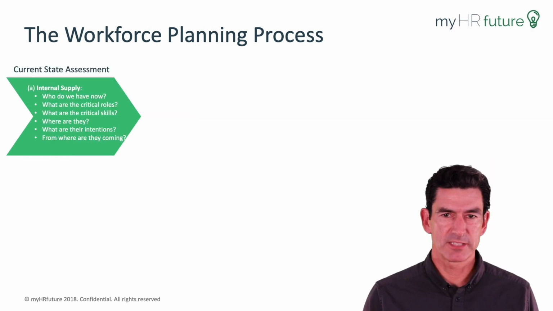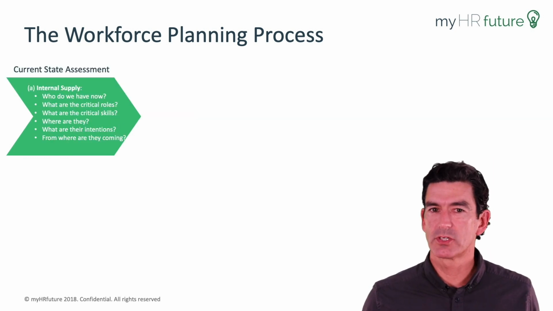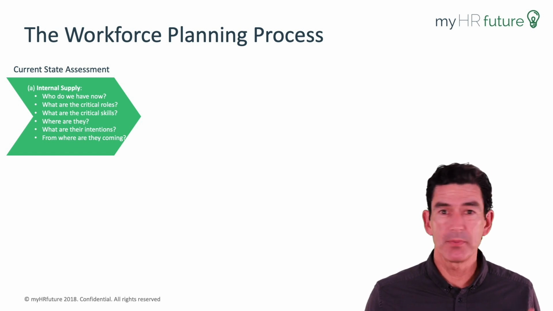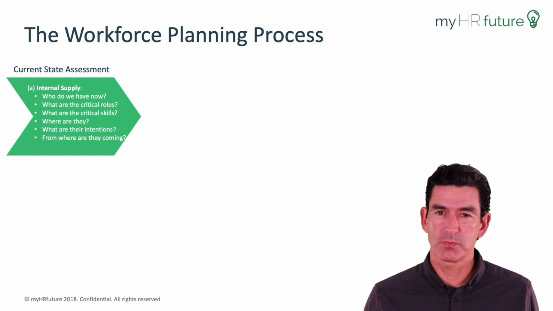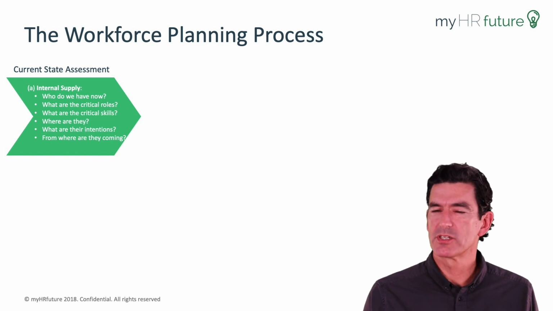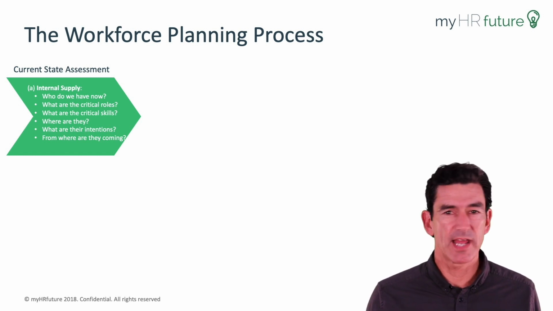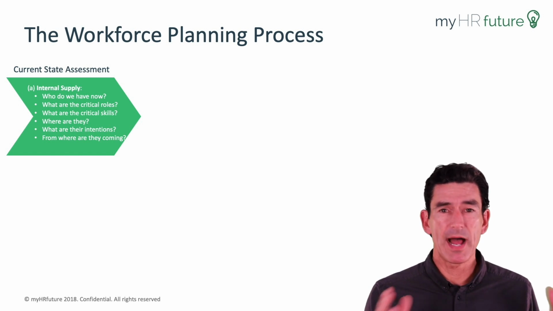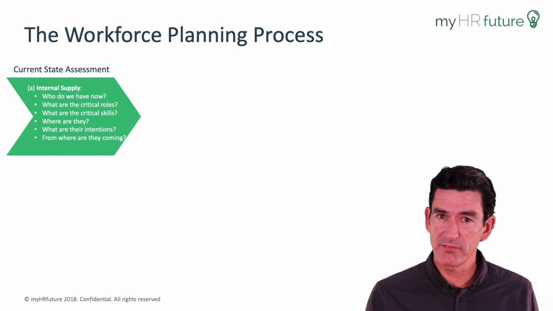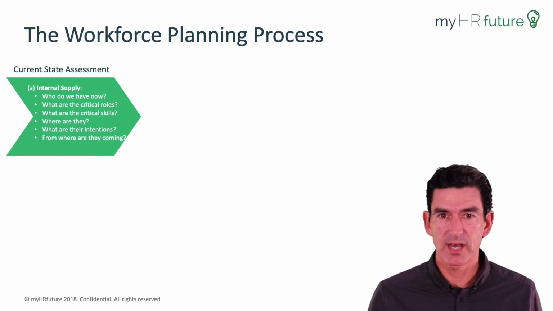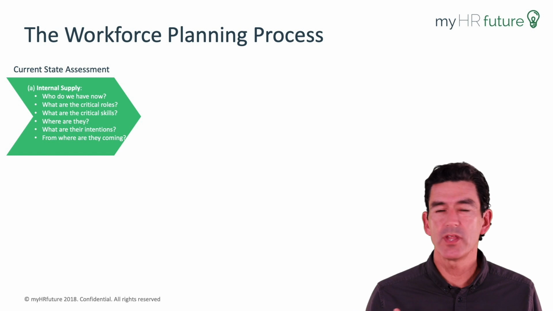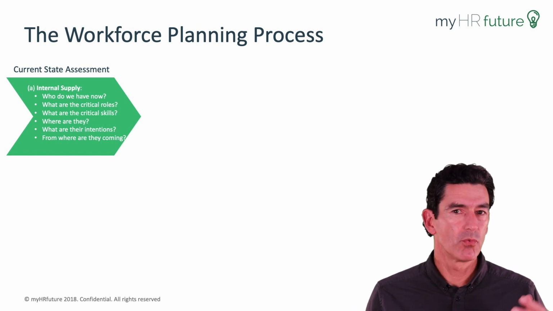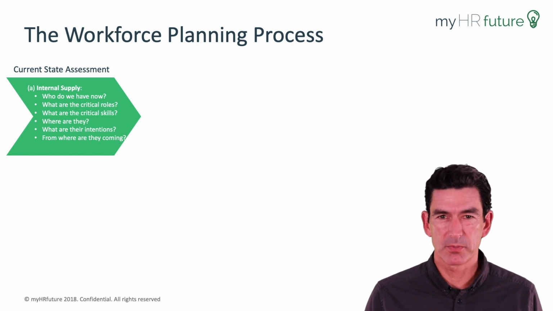Doing a current state assessment in workforce planning is absolutely critical. Yet many just jump in and do planning without really understanding what they have in the first place. Doing a current state assessment is beyond just headcount planning. It's more about thinking about the skills people have, how they're going to be growing over time, what intentions they have. In other words, do they actually want to move up? Do they want to change jobs over a certain period of time?